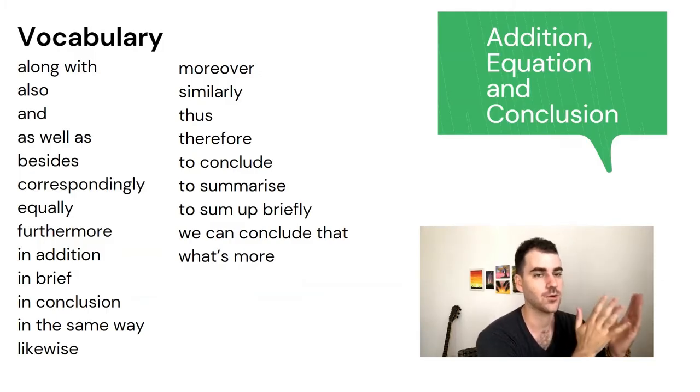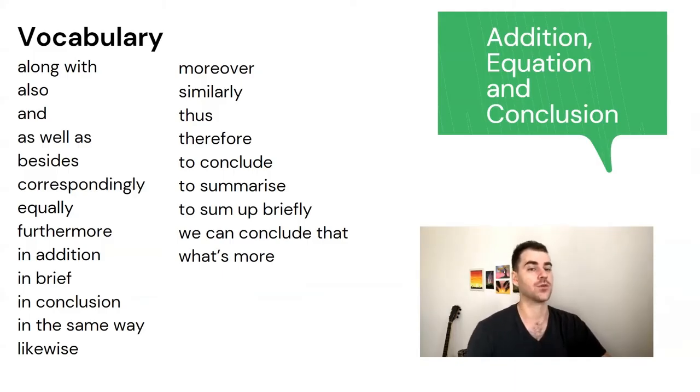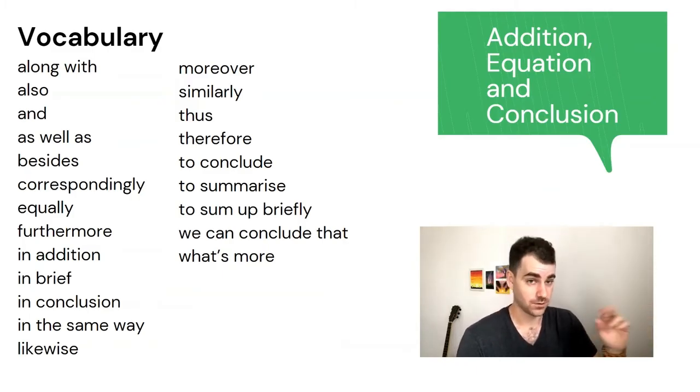So along with, also, and, as well as, besides, correspondingly, equally, furthermore, in addition, in brief, in conclusion, in the same way, likewise, moreover, similarly, thus, therefore, to conclude, to summarize, to sum up, briefly. We can conclude that, what's more. All of these words can be used for one of the three functions: addition, equation, or conclusion. So if you haven't written these words down, please pause the video and do that.